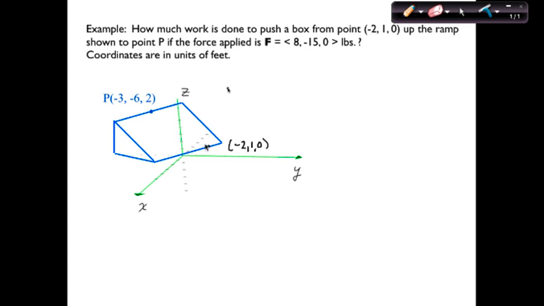And so we're pushing from here to here. So that's my displacement vector. And the force that we apply to do that is not exactly in that direction. It's (8, -15, 0), generally in that direction. But when we push like that, for whatever reason, it slides up the ramp along D.